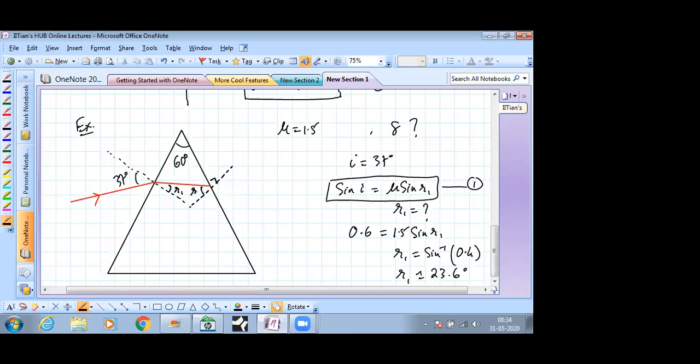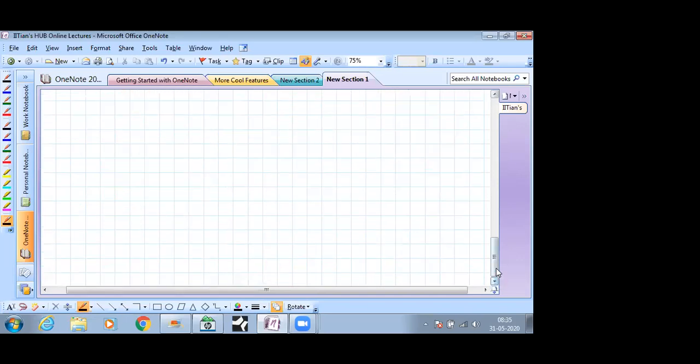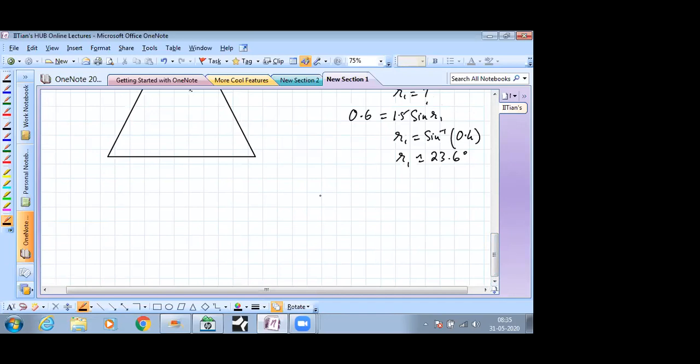Now we can calculate angle r2, because we know that the sum of r1 plus r2 is 60 degrees. So the next thing in the sequence becomes r1 plus r2 is equal to the angle of the prism. That was our third equation, so we are making use of that. So here r2 becomes 60 minus 23.6, so it becomes 36.4.